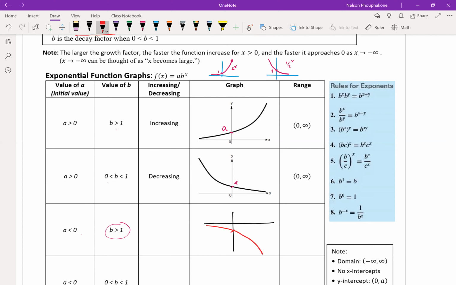This one right here is still a. Now remember, this a value is negative, because a is less than 0. Do you see that from left to right, the function is going down, meaning the function is decreasing now? And how about the range? The range is from negative infinity to 0.